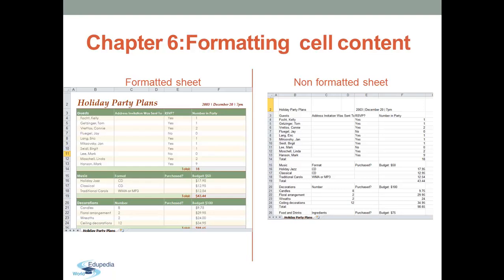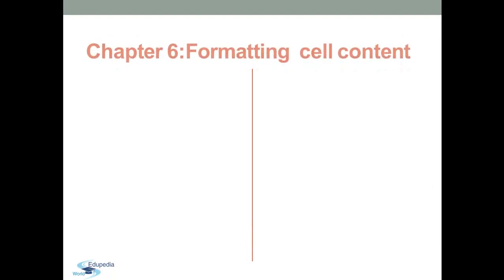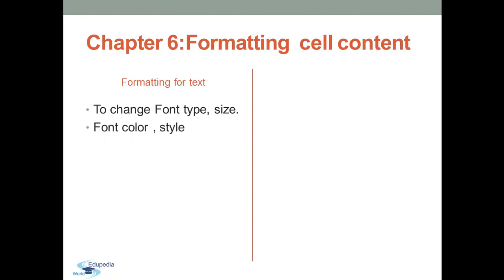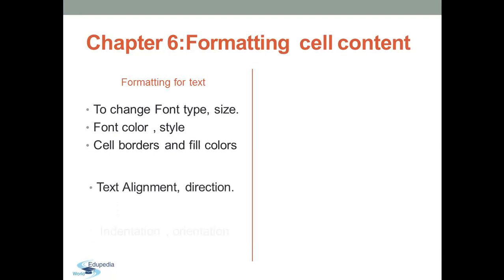Excel has two types of formatting applied to cell content. Text formatting, such as to change the font type and size, changing font color and style, cell borders and fill colors, text alignment and direction, indentation, orientation, text wrap and merge cells.